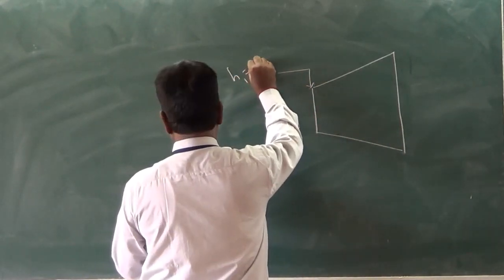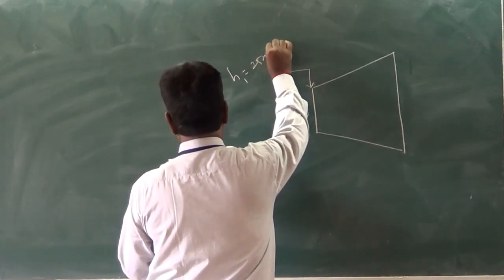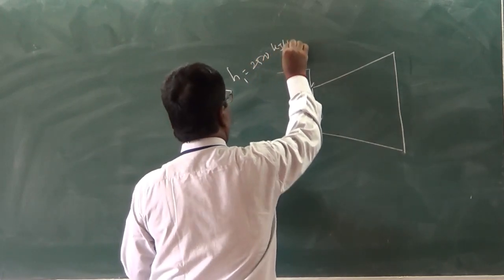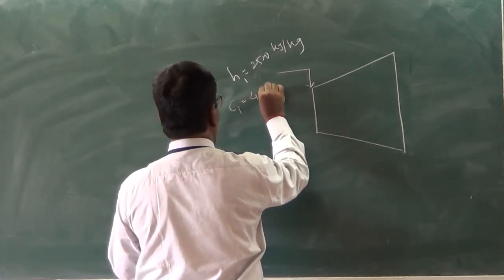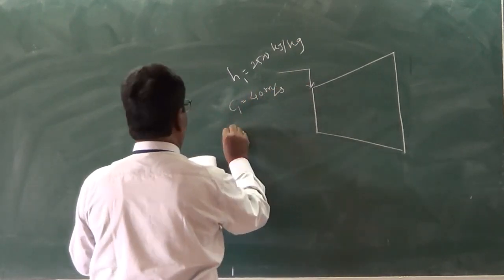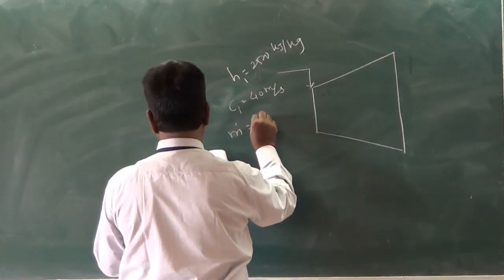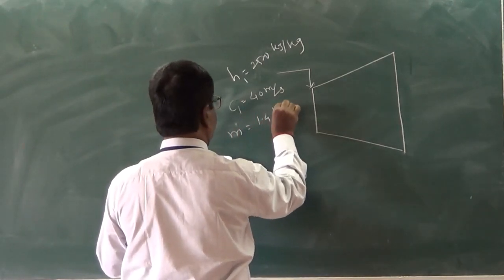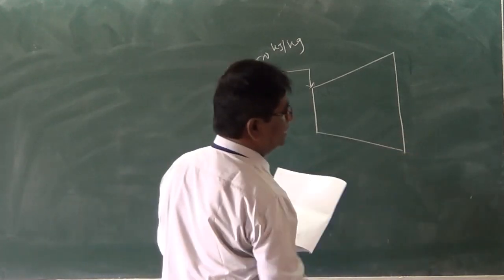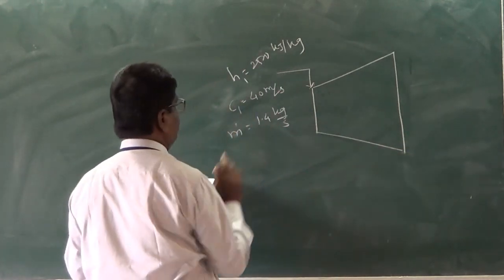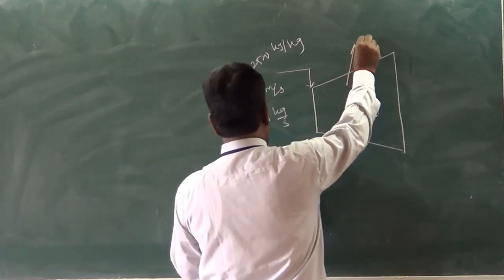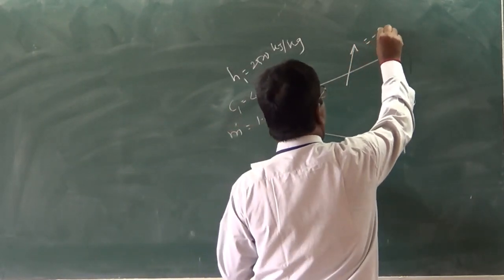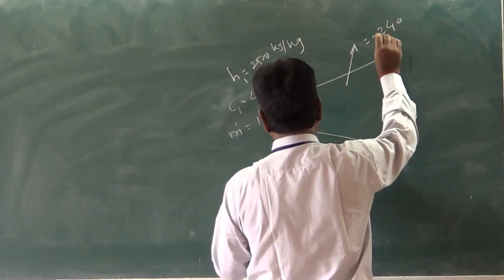Okay. Now we can draw a diagram for this problem with the given things. H1 is 2500 kilojoules per kg, C1 is 40 meters per second, m dot is 1.4 kg per second, because it is given per hour, so that is converted into kg per second. Then Q loss is equal to minus 4 kilojoules per second, because heat is taken from the system.